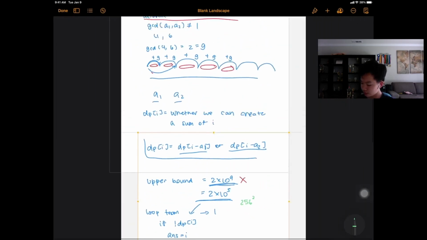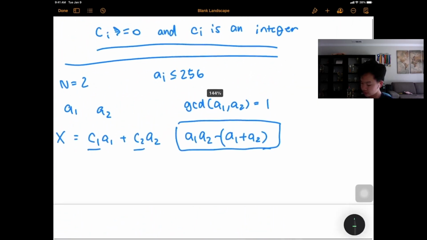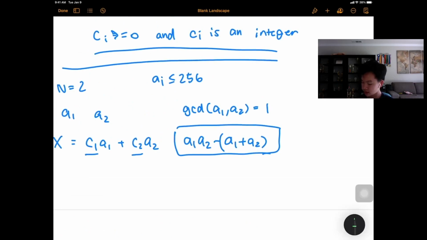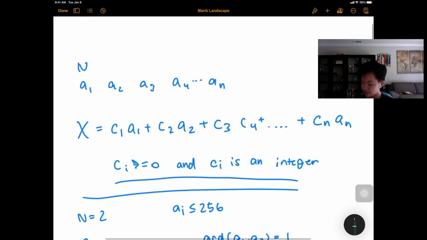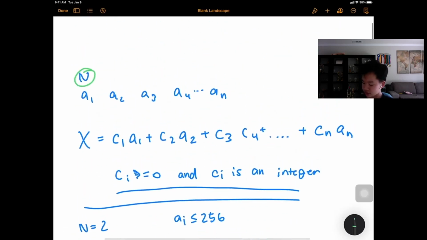All right, so now we know that if we have two numbers, then their upper bound would be at most this. But we have at most n numbers, so we might have n about 10, so we might have exactly 10 values.